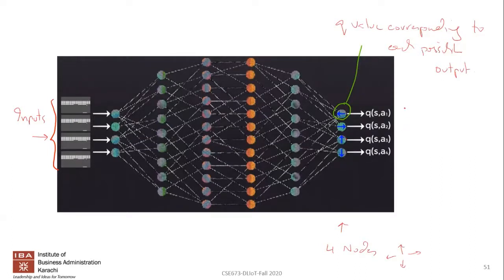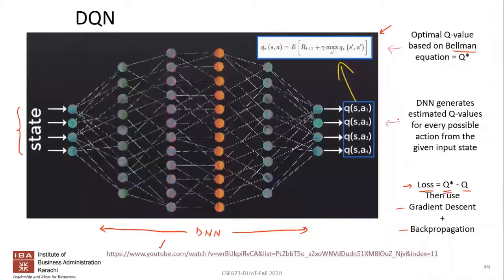For that single input, the deep neural network tries to predict the Q values corresponding to all the possible actions. Let's assume that in this case, 4 actions are possible in 4 different directions, so it would give you the Q values in 4 different directions.